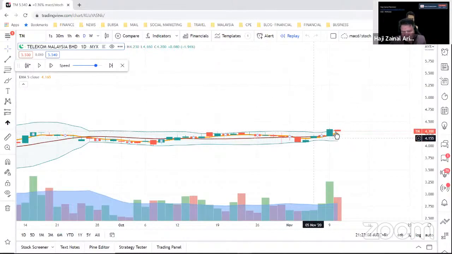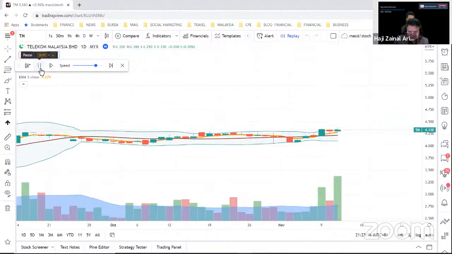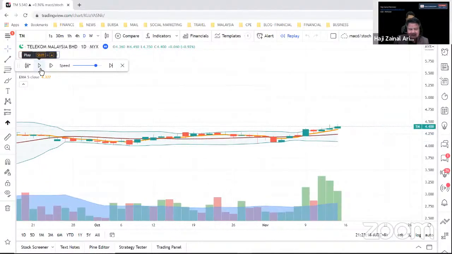Now the 5 days is already above the 20 days moving average. As you saw earlier, it was sideways. Wait for the band to expand. There you can see the band start to expand, so we know that the new trend is beginning.